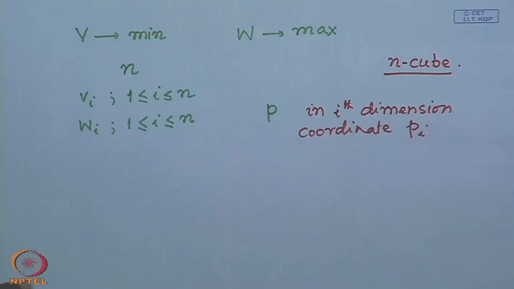Here again i varies from 1 to n as we have n dimensional space.